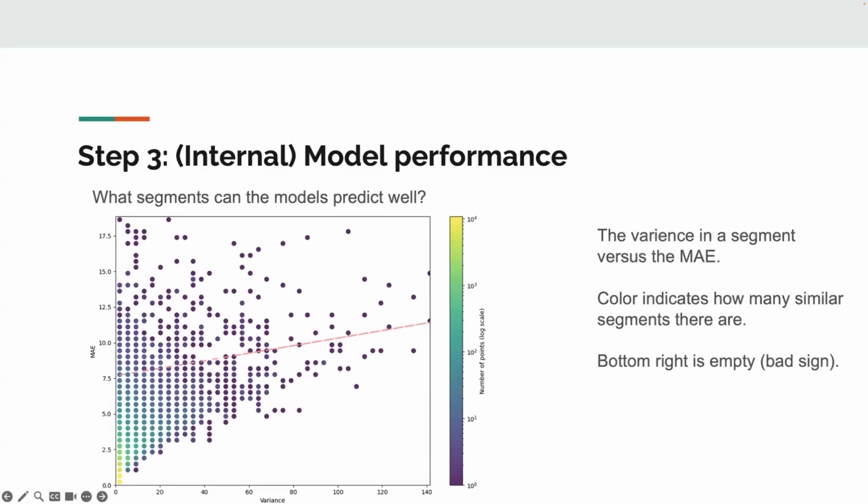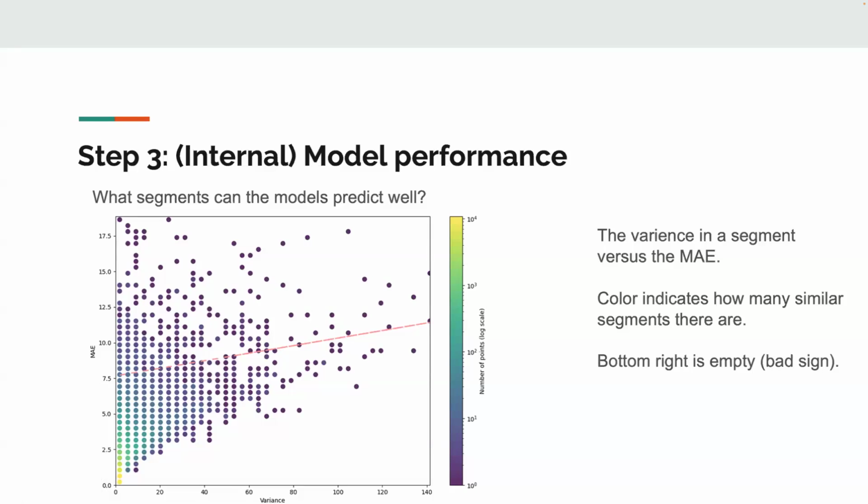So what can we see? Well, first of all, we see that most points are in this corner here, and we see the points with the most density. So there are a lot of points with a low variance and a low mean absolute error, meaning that there's a relatively stable section, and in that stable section, the model can predict well.